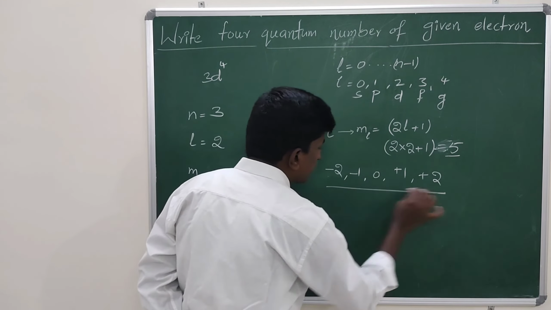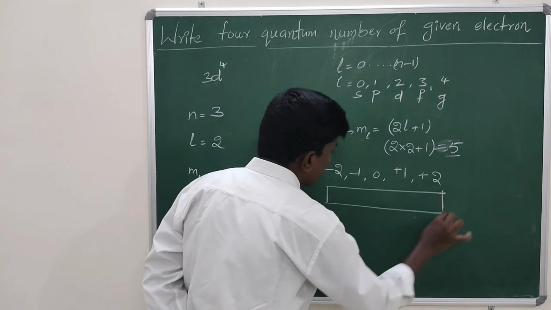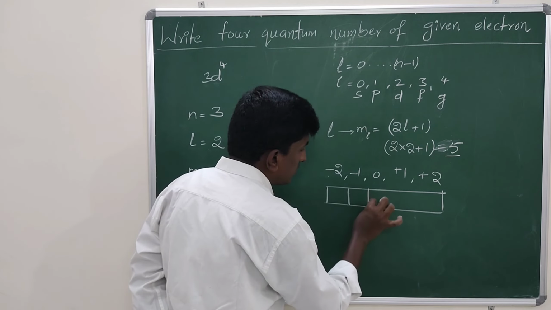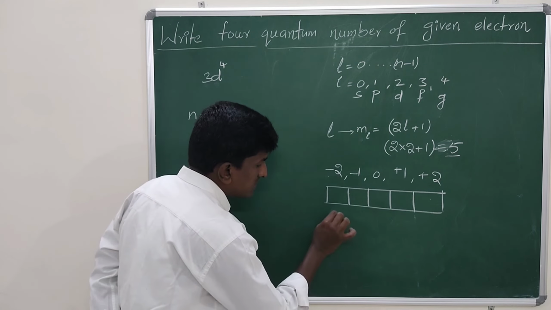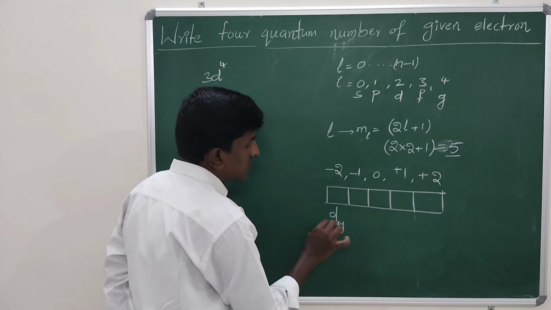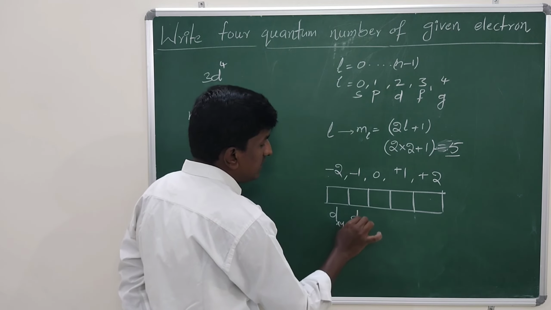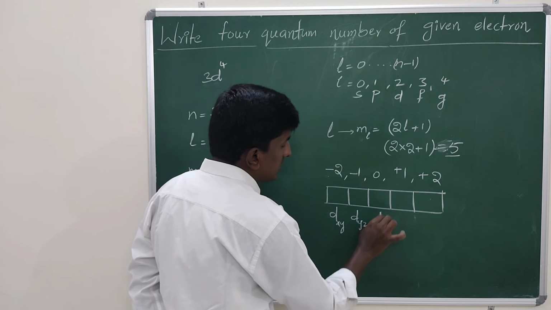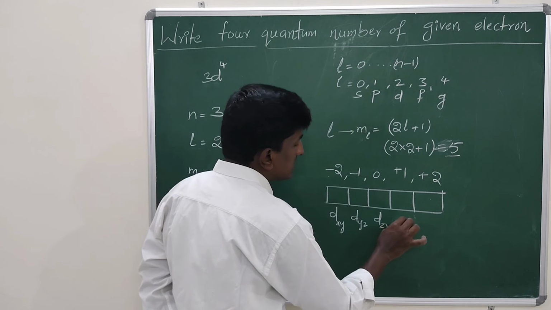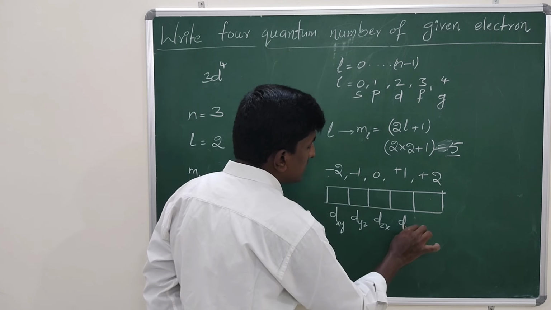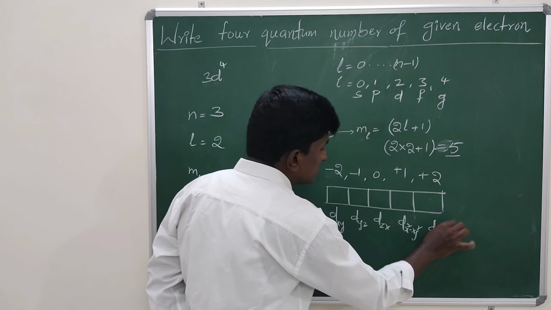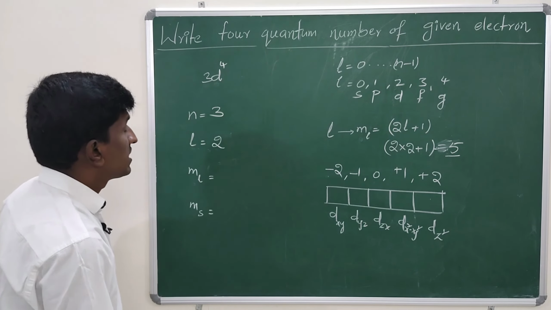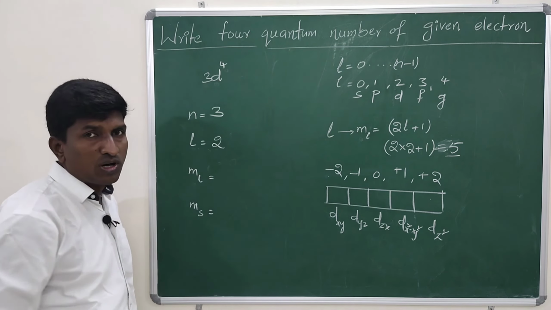These 5 d orbitals are: 1, 2, 3, 4, 5. The first one is dxy, then dyz, dzx, dx square minus y square, and the fifth one is dz square. So here we are discussing the fourth electron.